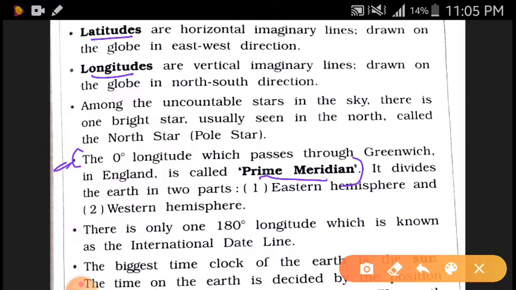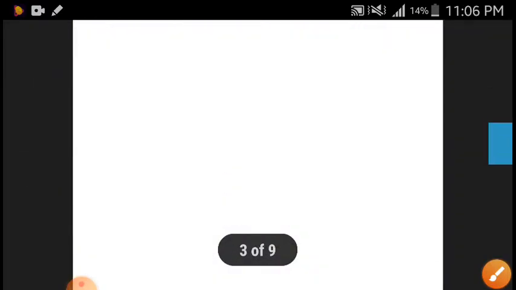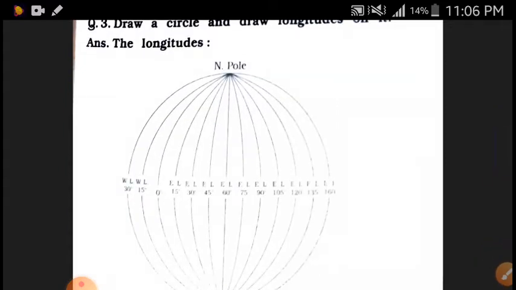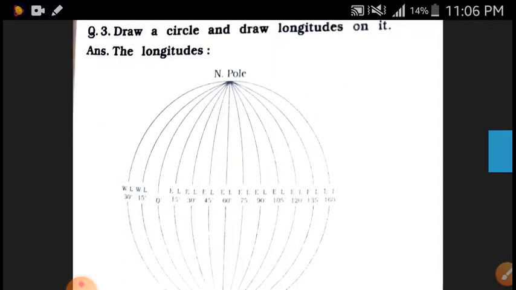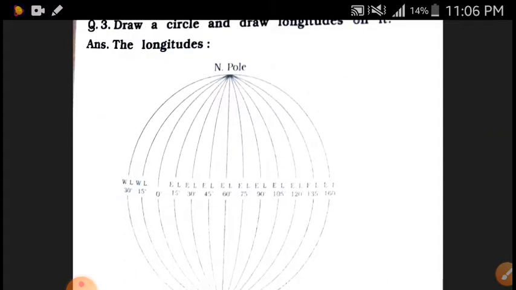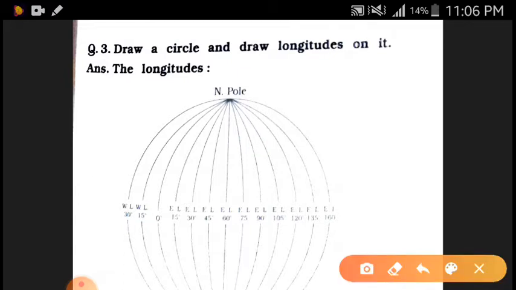Let us understand this by the picture or the figure of longitude and latitude. Here you can see, exactly in the center, there is one straight line, it is a longitude, and that longitude divides the earth into two parts, here the western direction and here the eastern direction.